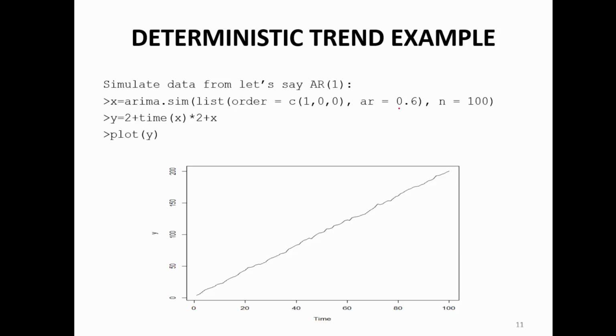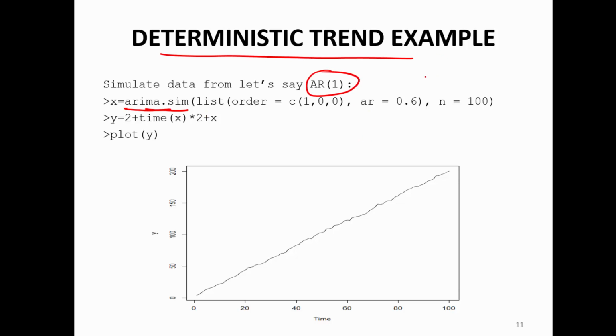So we'll take these two trends, deterministic and stochastic trend, and visualize them using R. We'll simulate data. So how do we do that for the deterministic trend? We'll use the arima.sim procedure, which will give you simulated data from the ARIMA model, and we'll take an AR1 process.